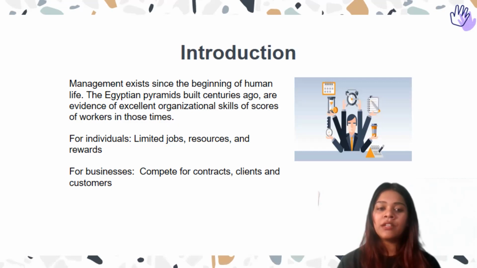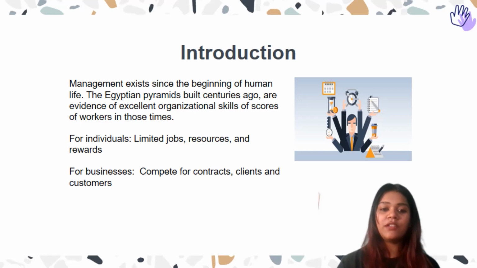We will learn why management exists for individuals and business. It is different for everyone. The definition of management for individuals is different from the definition for business people. For human survival, management has been an integral part of organizing activity, because we could not achieve our goals unless we manage all the resources we have in hand nicely.